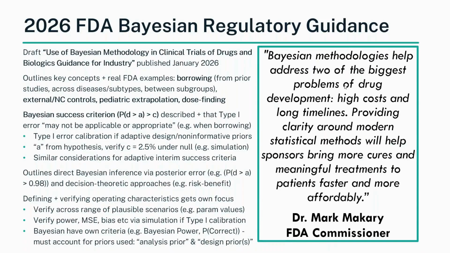But it is interesting that they go that far, basically saying it's not applicable or appropriate to use type 1 error control. And obviously, I am conflating type 1 error control with frequentist methods, but as they say themselves, it is possible, if you're using a Bayesian methodology or some aspects that are Bayesian, to have calibration to ensure that under the null hypothesis, so if we assume there's no effect, the effect size is 0, or the hazard ratio is 1, or something similar, type 1 error calibration is possible.